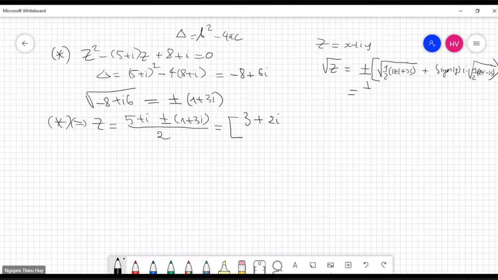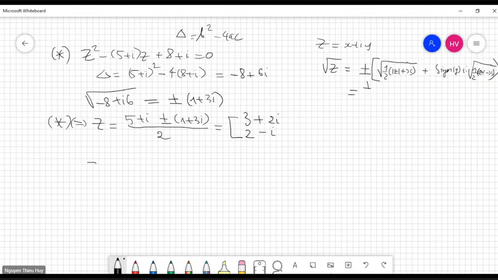And if you take minus, you obtain 4, so you obtain 2, and i minus 3i is minus 2i, so you obtain 2 minus i. So this is easy, but sometimes maybe I give you more difficult ones.